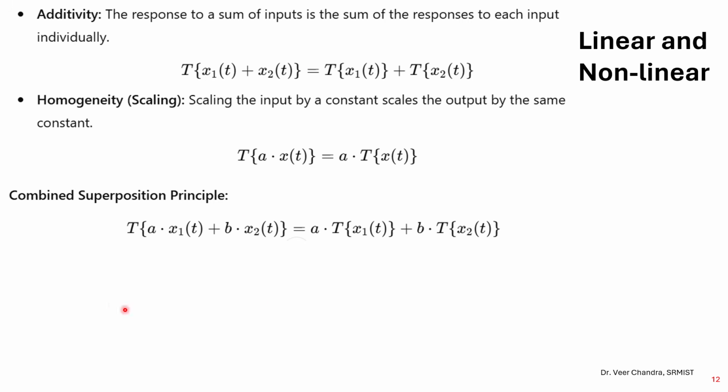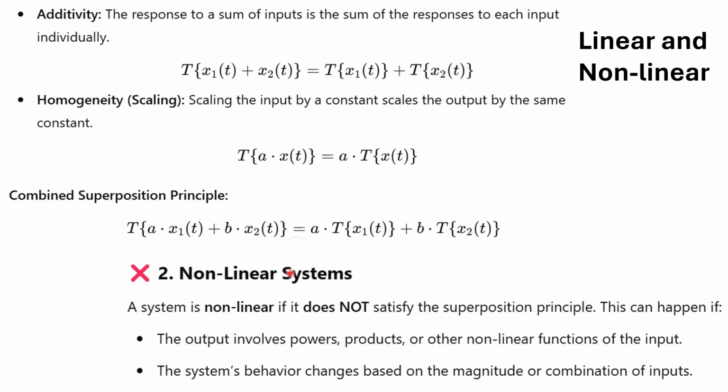Now if you combine both, that is the superposition principle, T of a·x1(t) gives y1, and b·x2(t) gives y2, and again this property holds, right? So a·y1 plus b·y2. If this superposition principle holds, means if both sides are equal, then it is called a linear system. If both are not equal, then in that case it will be non-linear, right?